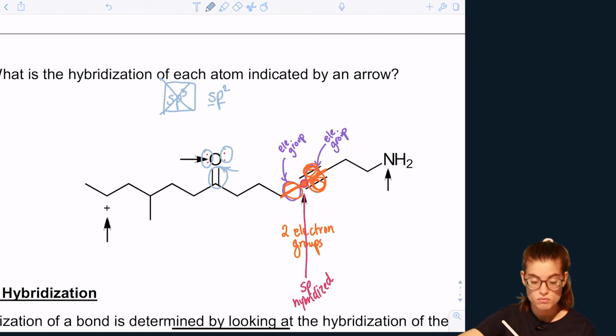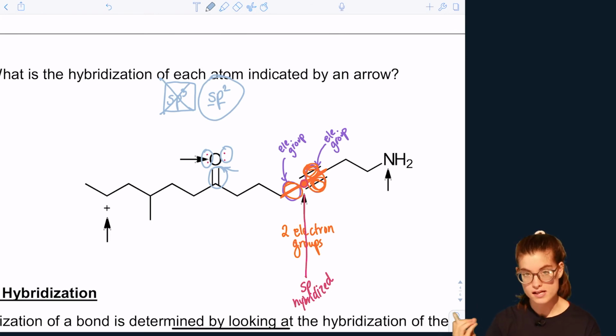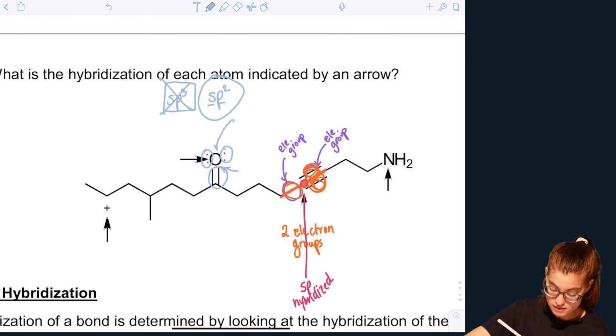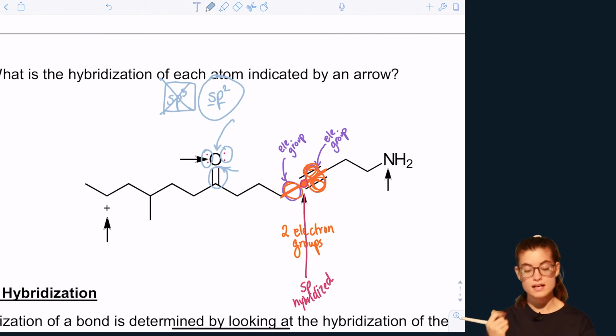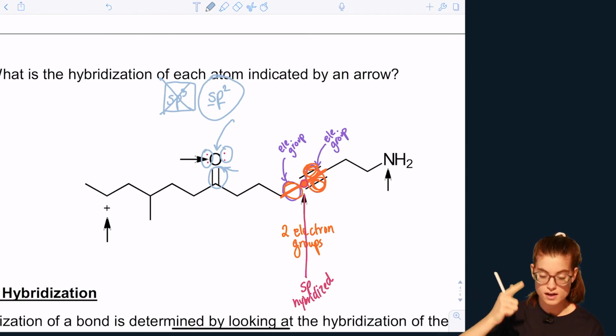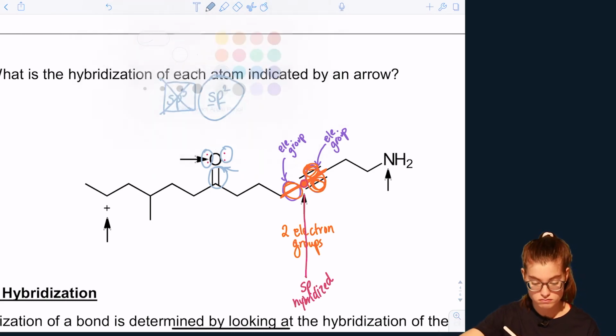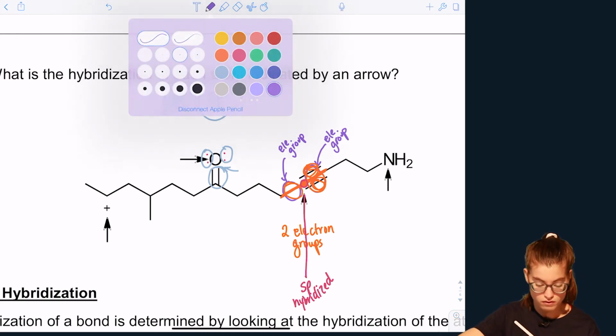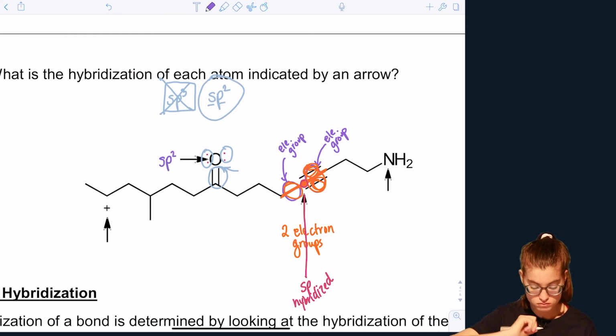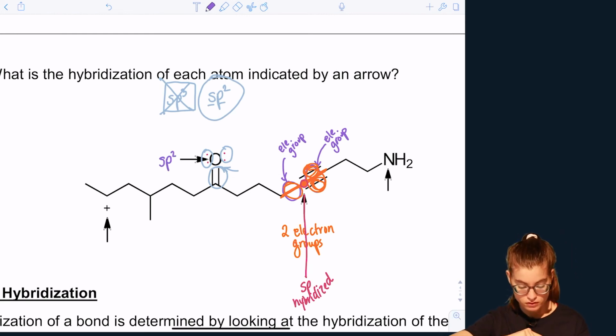And that is 3. So that's exactly what we want. If we hybridize an s orbital and 2 p orbitals, we will get 3 sp2 orbitals out of it. And since this oxygen has 3 electron groups, it's going to be sp2 hybridized. All right, so sp2. Okay.